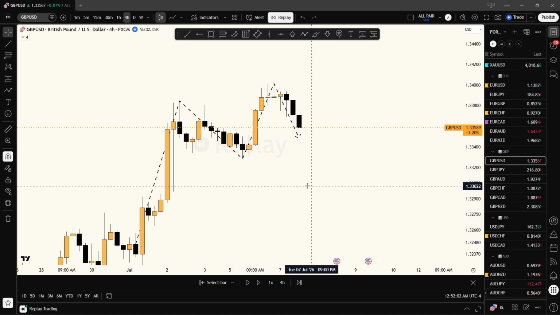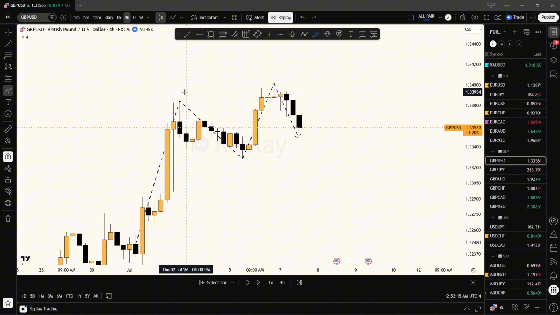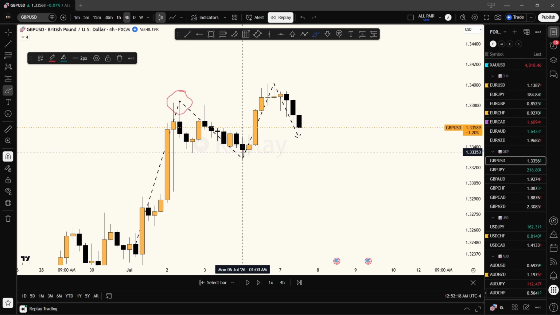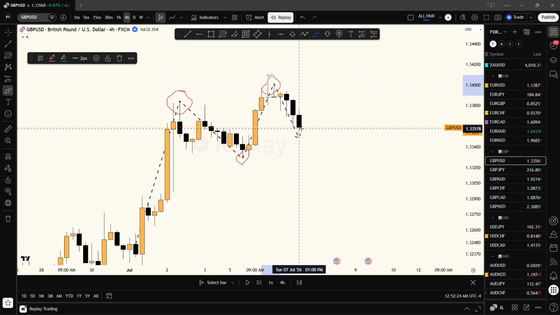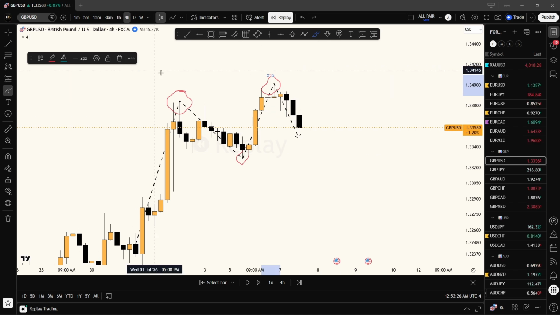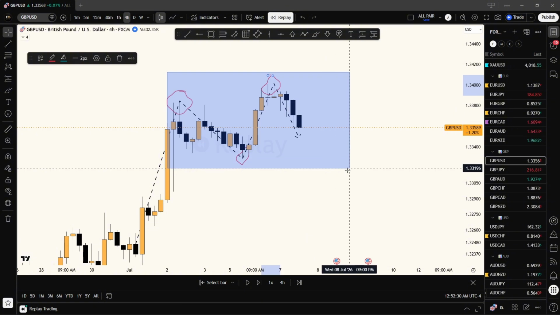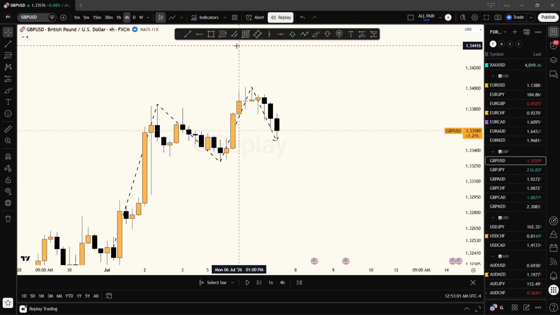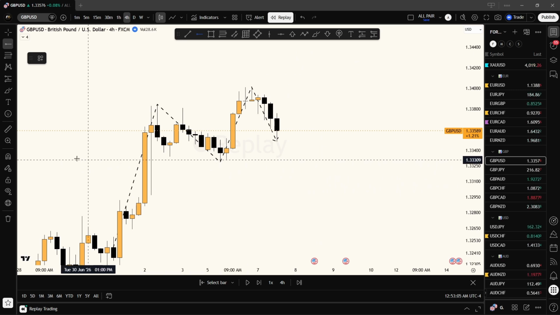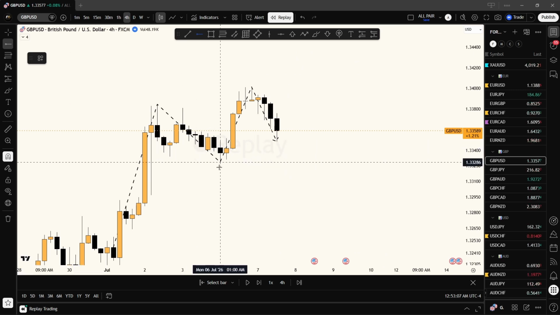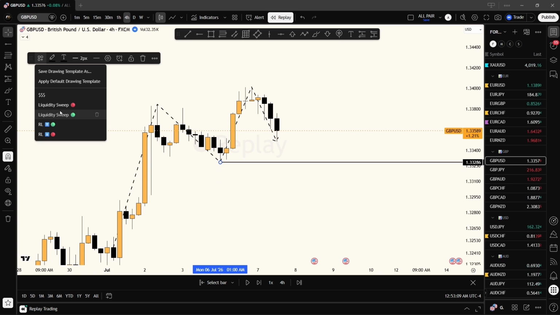And we can also see that every swing high and every swing low becomes a liquidity area. As the market moves higher and lower, it continues building liquidity, and that's exactly how price naturally moves from one liquidity pool to another. Every new swing high and swing low attracts more traders. As more orders build up, those areas naturally become liquidity pools. So now if you look at this swing low right here, this is a liquidity area.